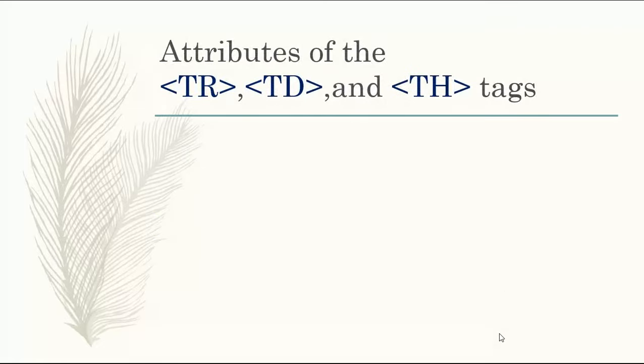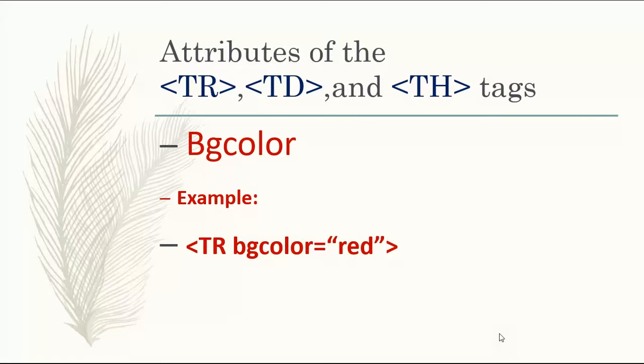We will also learn about different attributes of TR, TD and TH tags. So which attributes are used with these tags? Let's see. Today we'll take BG color only. The example of this is TR.